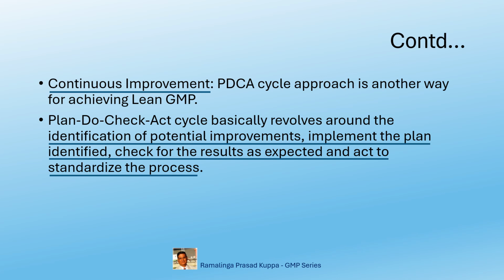After finalization of the plan, implement the proposed change. Train the participants adequately on the new revised procedure. Check and evaluate the results of the activity for the expected results or outcome. Finally, standardize the revised improved process to ensure the improvements are consistent across.